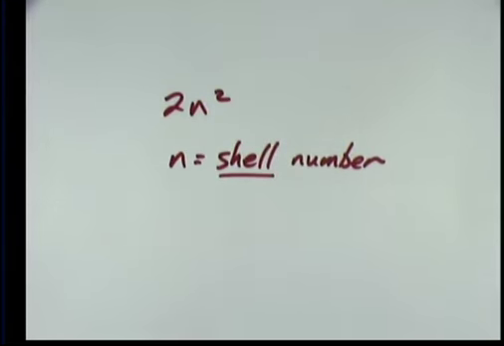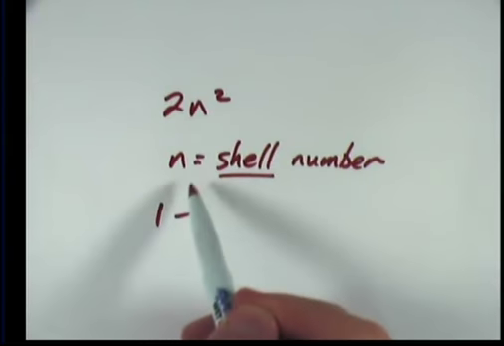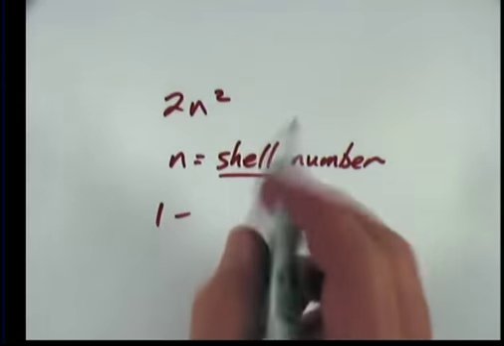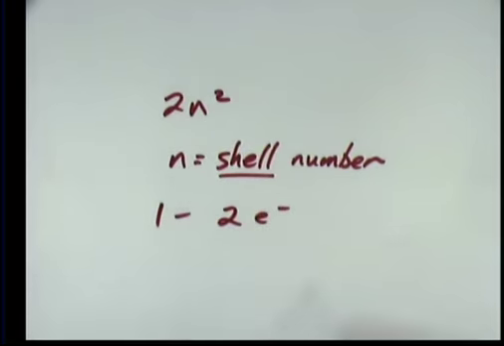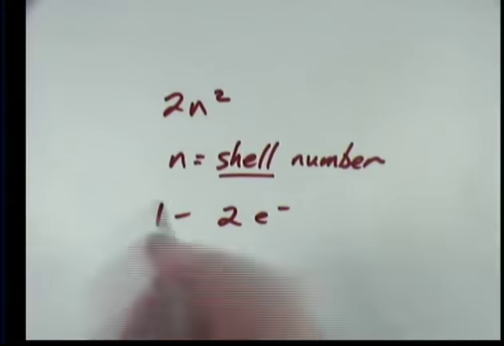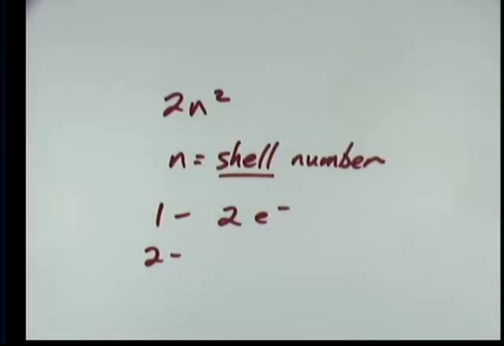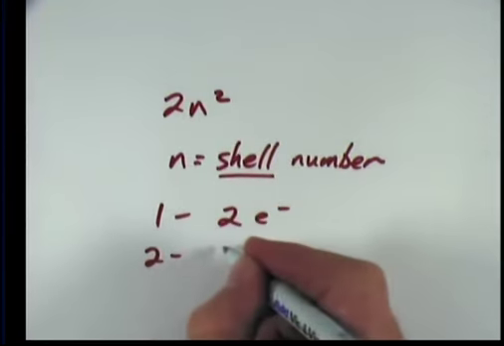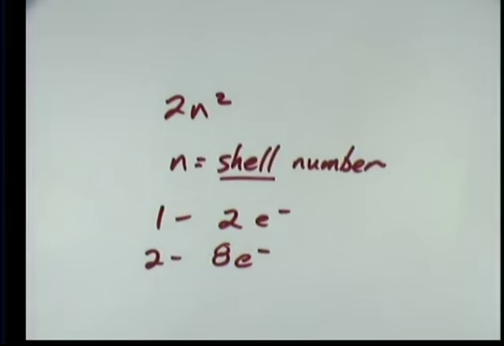So when we look at shell number 1, if the shell number is n, I plug 1 into here. 1 squared is 1 times 2, so there can be 2 electrons, maximum number of electrons in shell number 1. Shell number 2, if I substitute that in, 2 squared is 4 times 2, there can be up to 8 electrons.